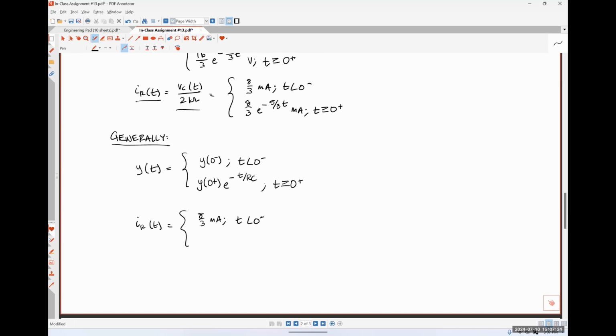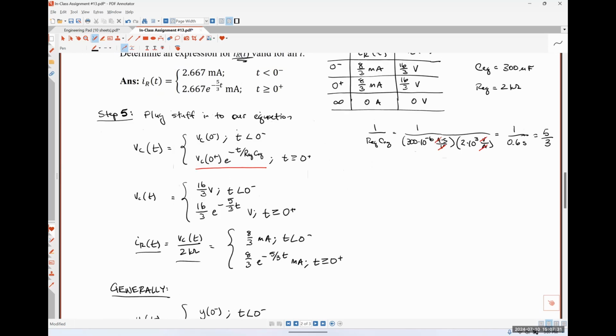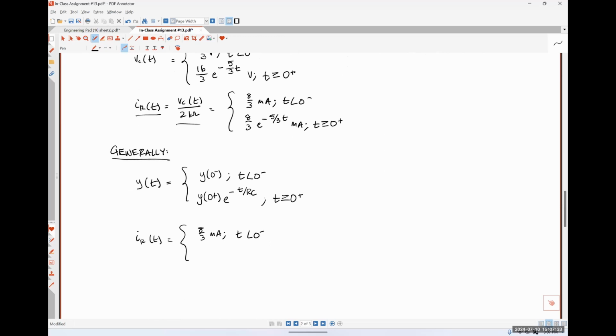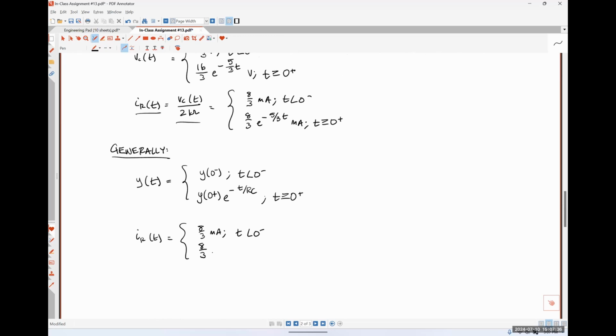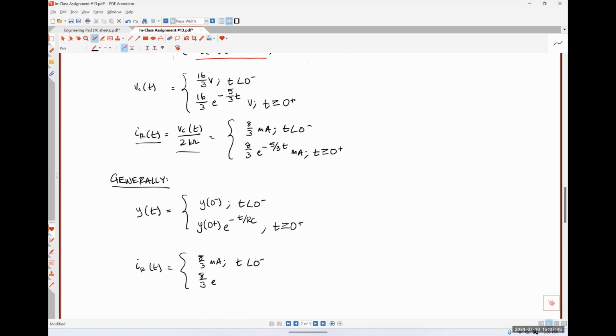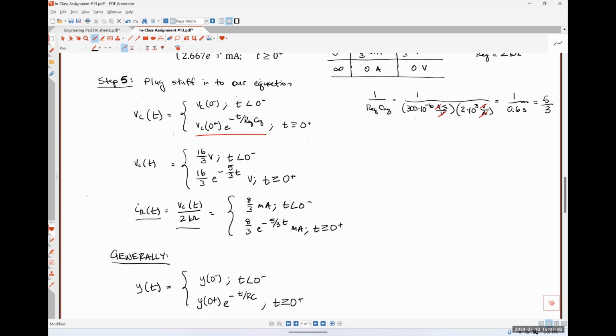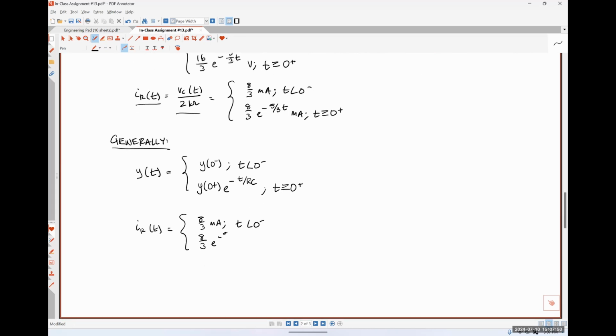What was IR at 0 plus? Eight-thirds. What was negative 1 over RC? Five over three. Yep. So negative 5/3 t milliamps for t greater than or equal to 0 plus.